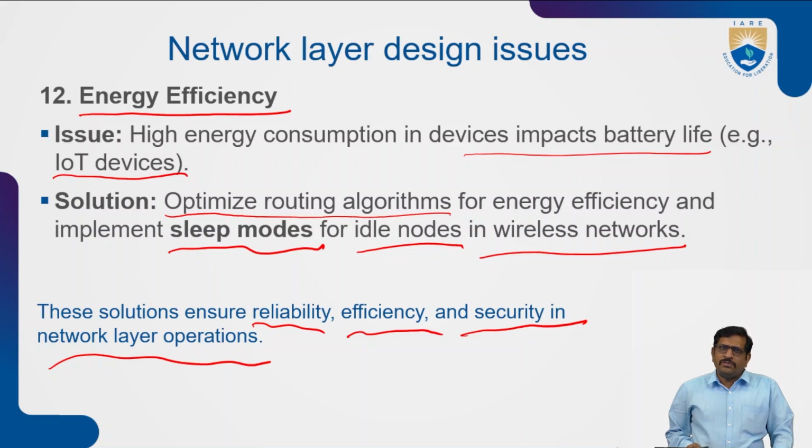Once you resolve all these issues, whatever devices are working under the network layer will ensure reliable transmission, transfer the data very efficiently and effectively, and provide more security for the data we transfer over the network. So this is about the network layer design issues.